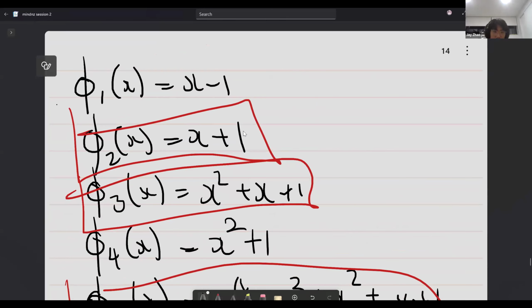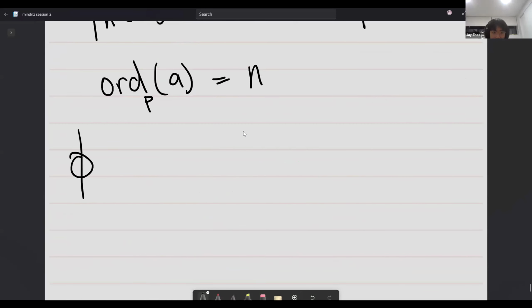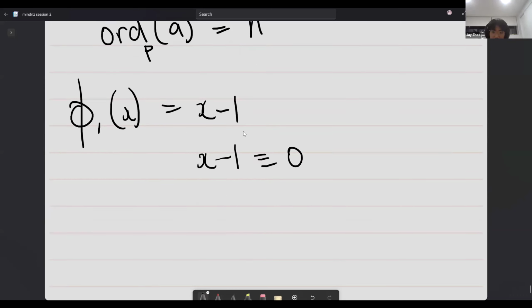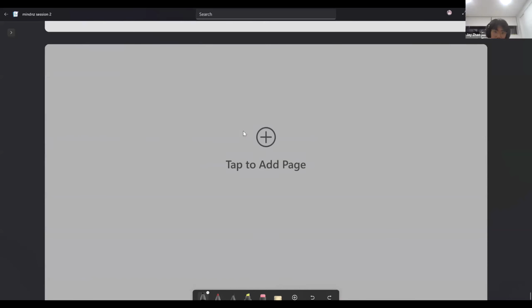I'll just give you guys a bit of a reason for why this is true. When we have phi of 1 equals x minus 1, if x minus 1 is congruent to 0, then obviously x is congruent to 1, and the order of 1 is just 1.